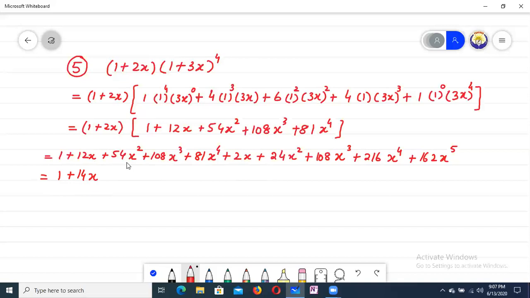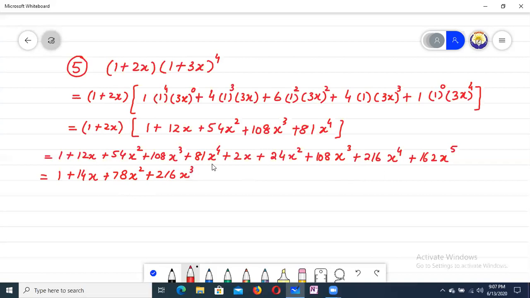Now the term containing square, 54x square plus 24x square will be 78x square. Then the term containing cube, 108x cube, here also 108x cube, will be 216x cube.